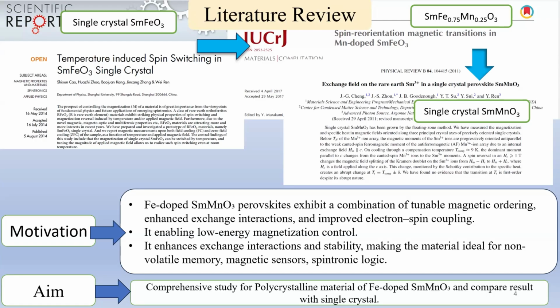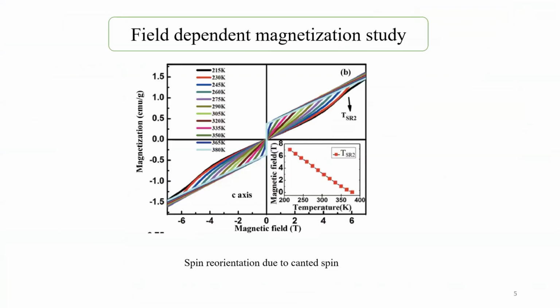It also has stability of material, which is useful for device applications like non-volatile memory, magnetic sensors, and spintronic logic. So our aim is to do a comprehensive study of polycrystalline Fe-doped SmMnO3 material in comparison with single crystal.